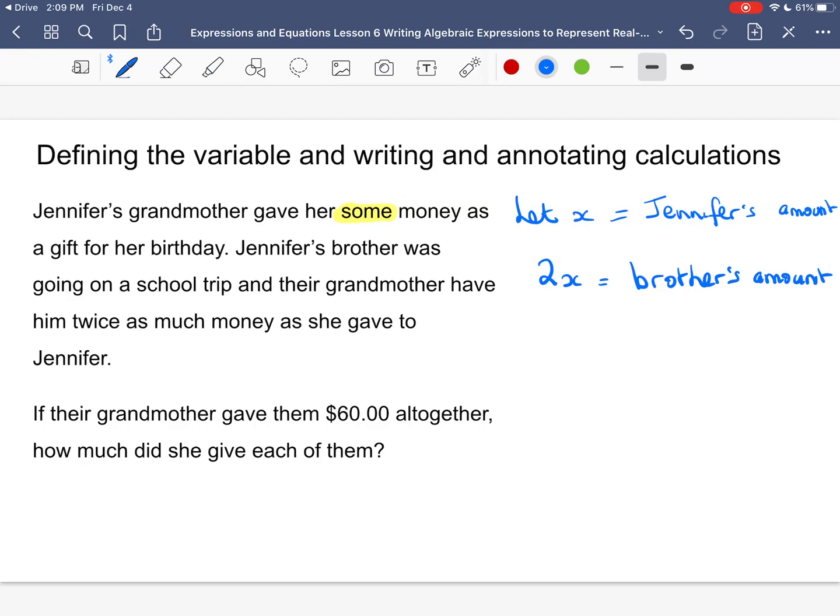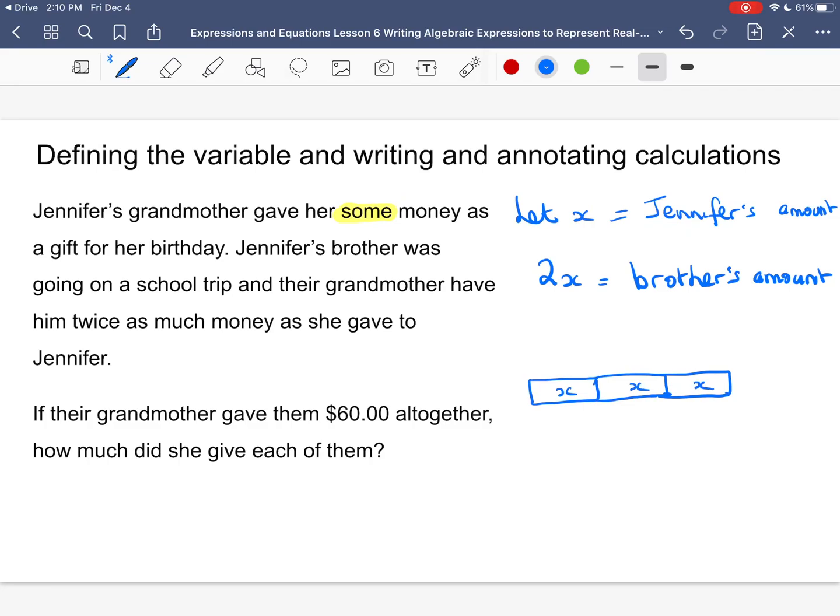And if their grandmother gave them $60 altogether, how much did she give each of them? So I'm going to draw a tape diagram to represent this. So I have X, and this is Jennifer's amount, and then her brother got 2x, there's one x, and there's another x.